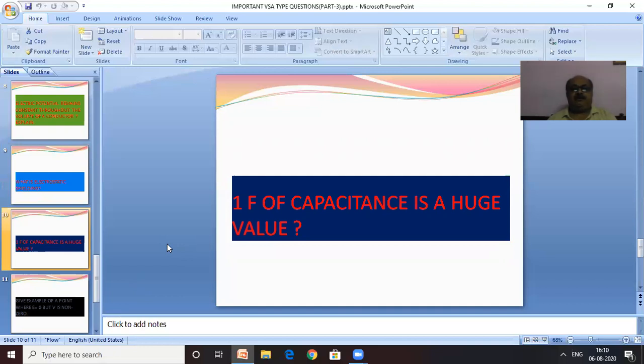If we want to make a capacitor of 1 farad capacitance with a very small separation, that is nearly 1 centimeter, then we will require 2 plates, each of area nearly equal to 10,000 square meter.